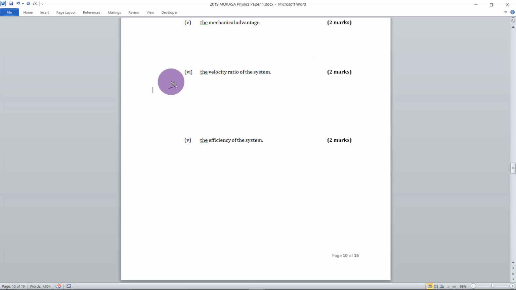Now, the velocity ratio of the machine is going to be equal to the velocity ratio of the lever system times the velocity ratio of the hydraulic system.